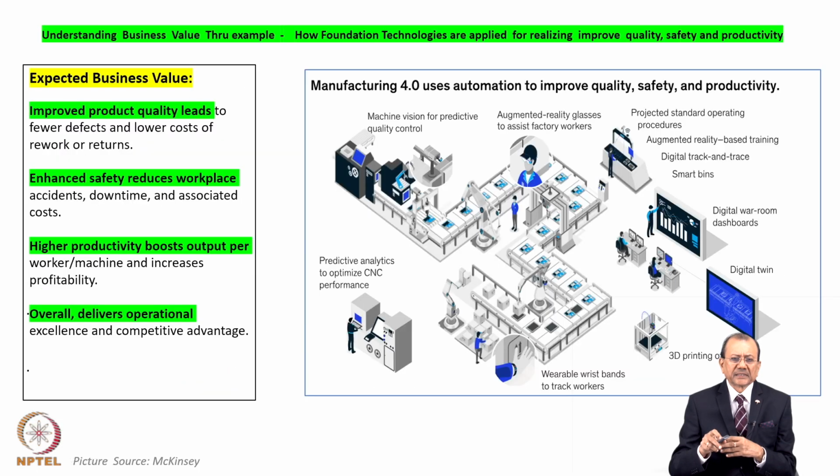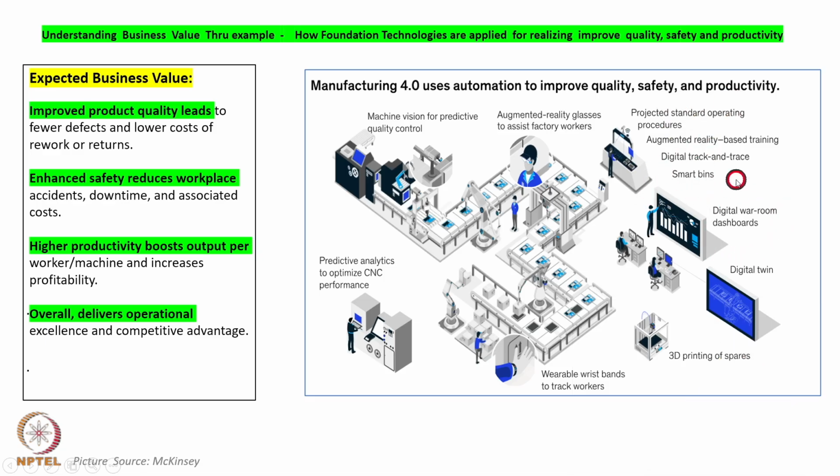Now, let me explain what we discussed, the business value, with the help of an example. You may remember this picture, which we were using last week also. This is a very good picture where, in one of the manufacturing plants, quite a few digital technologies are being used for improving the quality, safety, and productivity of the workers. Quite a few technologies like machine learning, augmented reality, standard operating procedures, then smart bins, then a real-time dashboard, digital twin technology which I have not covered so far, 3D printing that we have already learned, wearable glasses, wearable bands.